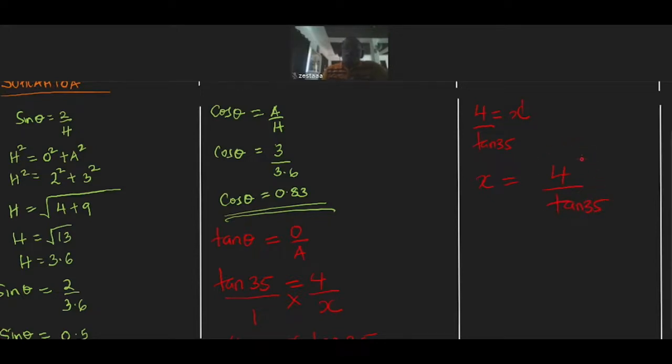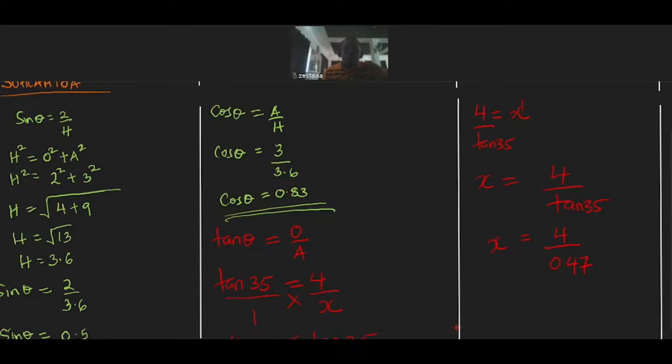Now to solve this, get to your calculator. Okay? When you get to your calculator, press tan 35. And tan 35 will be 0.47 and some other, but we can take it to 2 decimal places.